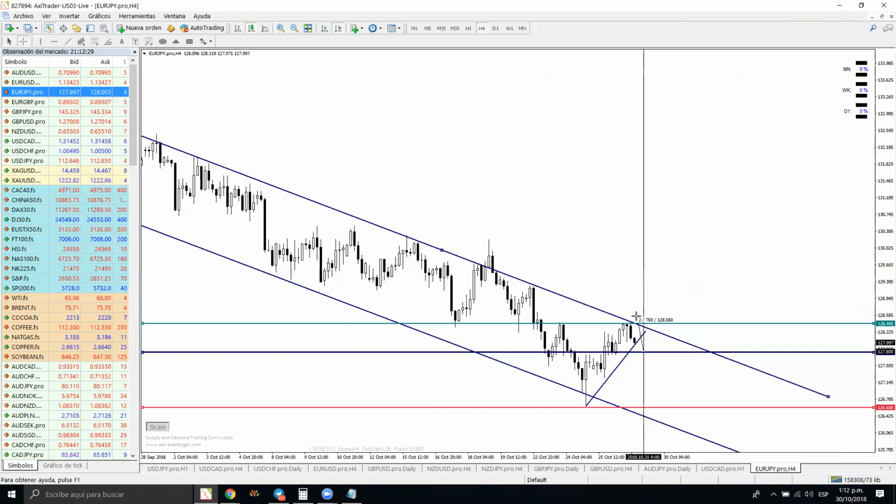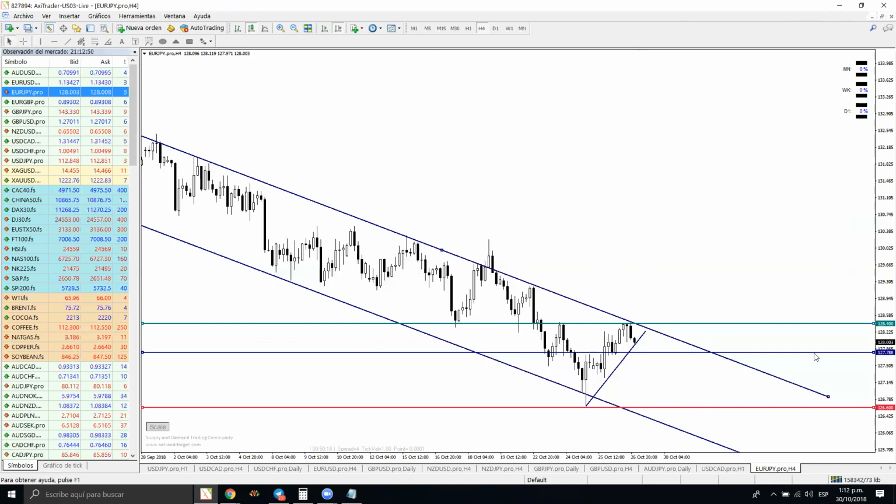For example, set 76 stop loss, your profit 166, at least 2 to 1. If we hold the position, it's possible that we can go down.